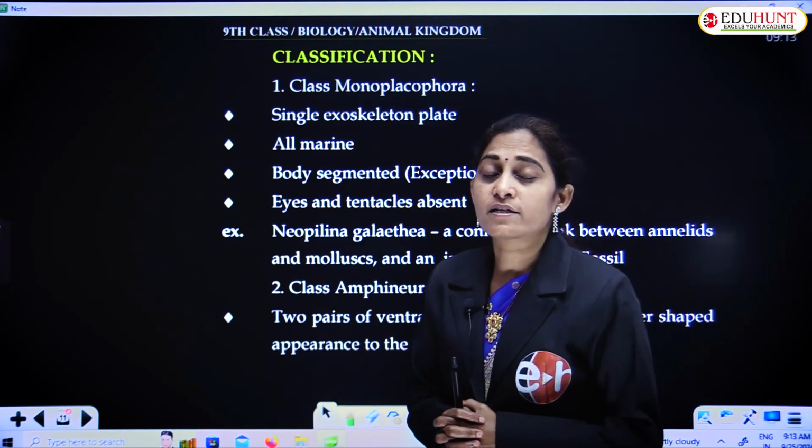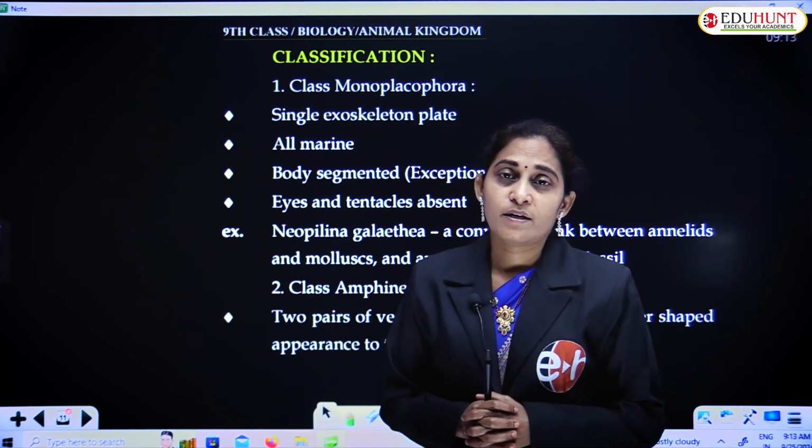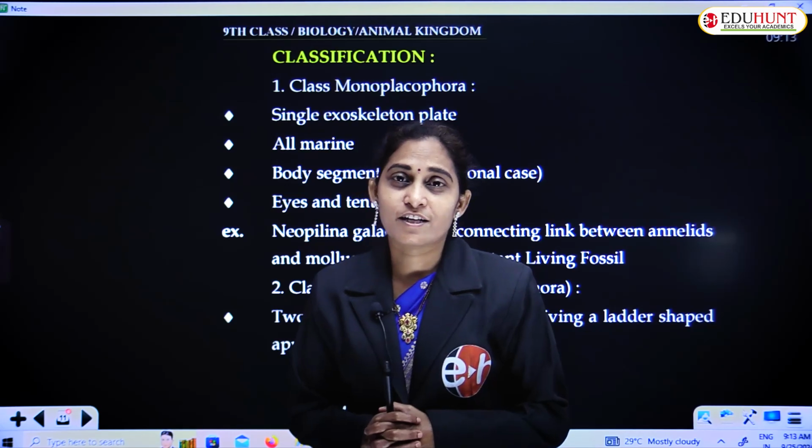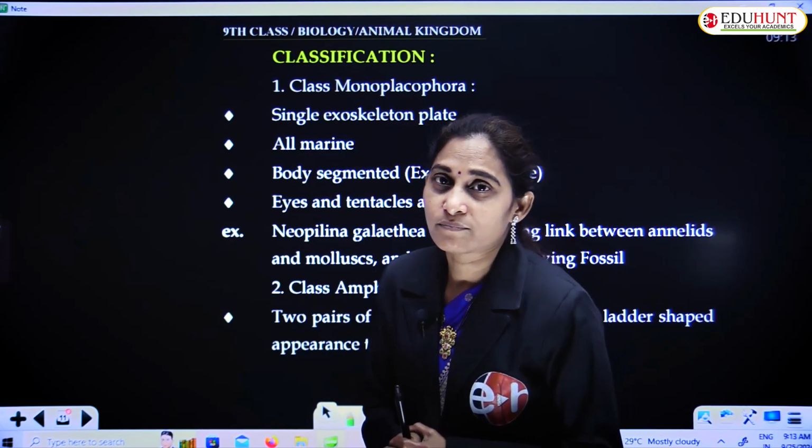And schizocoelic type of coelom is there, but it is filled with blood. That is why the coelom is said to be hemocoel.